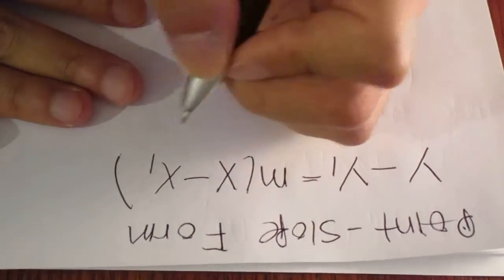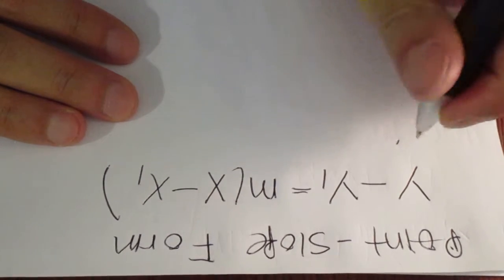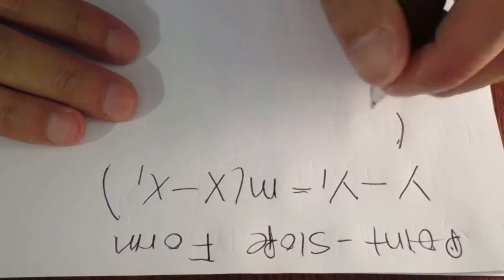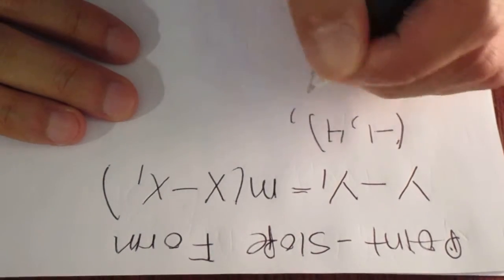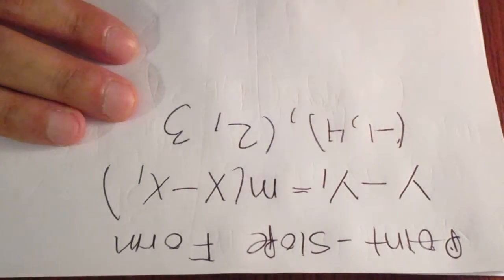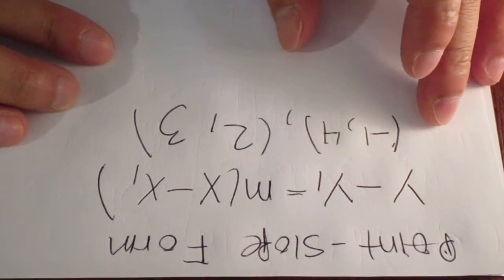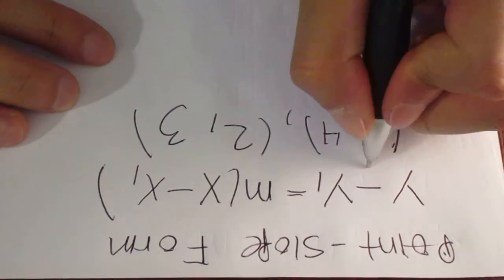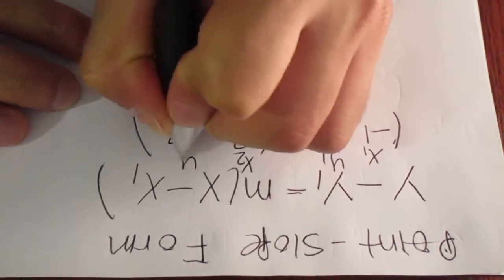Let's say I'm given these two coordinates, (-1, 4) and (2, 3). First, label them. It's very important to label them because you can get really confused. So this is x1, y1, x2, y2.